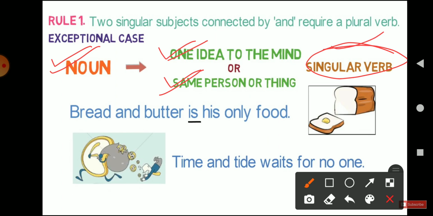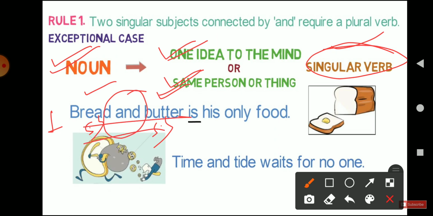To understand this, see the examples here. Example number one: "Bread and butter is his only food." Here we can see that bread is a singular subject. Similarly, butter is also a singular subject, and they are joined with "and". But the idea that bread and butter show is a single idea.